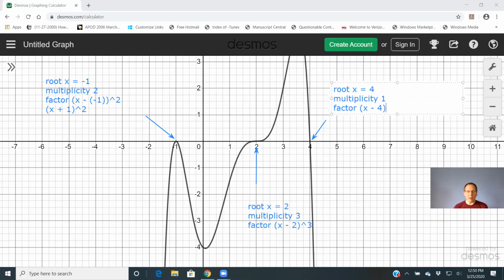So if I multiply all those factors together, I'm almost done. I know that my polynomial is going to have an additional a in it.